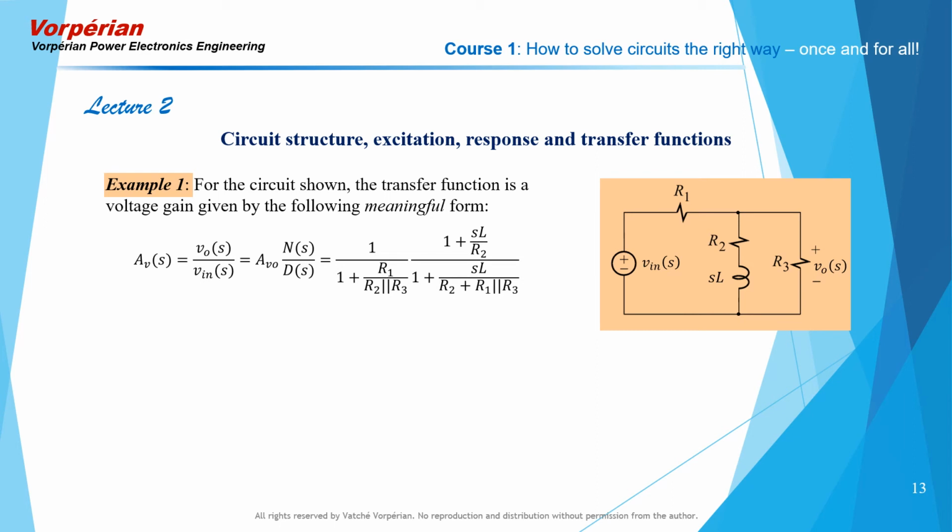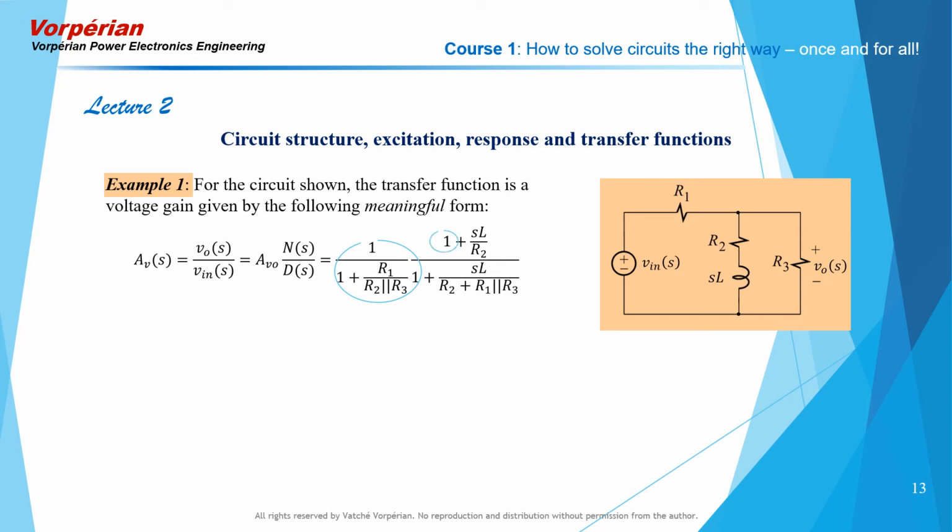AV0, the constant that appears up front, is nothing more than the voltage transfer function at zero frequency, which you can see immediately from the circuit is given by the parallel combination of R2 parallel R3 divided by R1 plus R2 parallel R3. And that's the constant that appears up front.